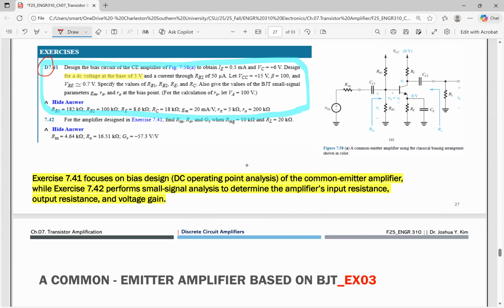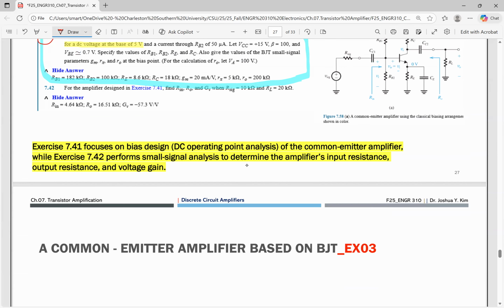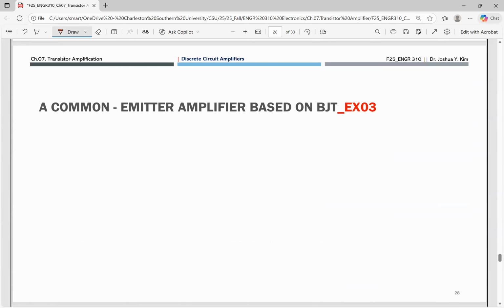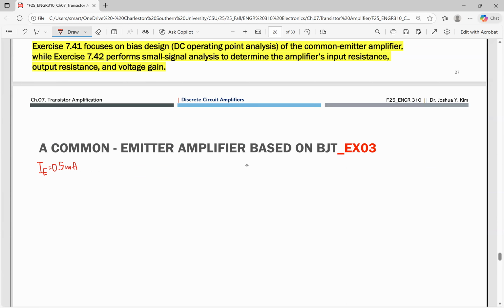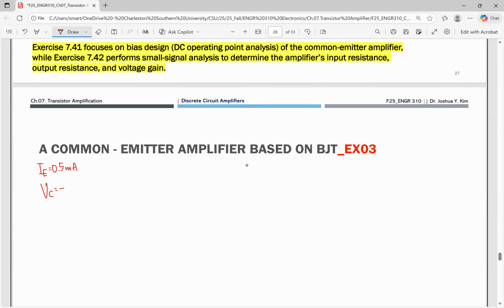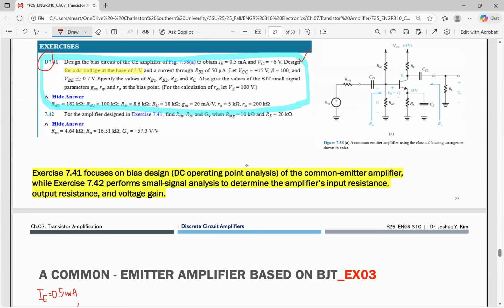All right, so first, here is what was given. I sub E is given, and V sub C is plus 6 volts.